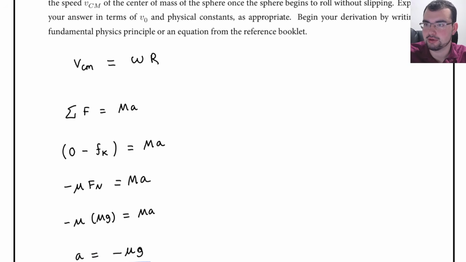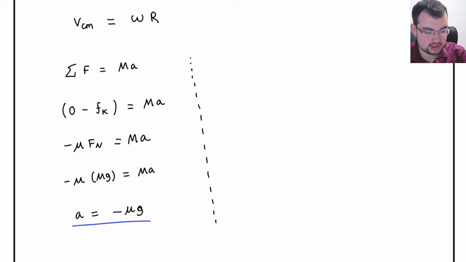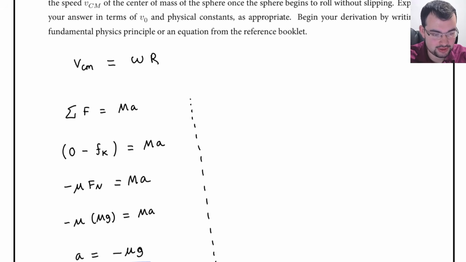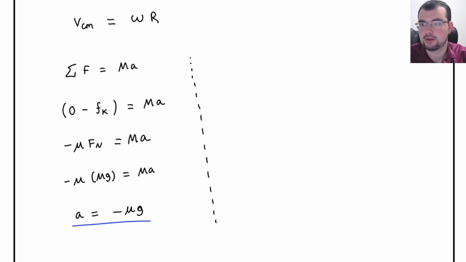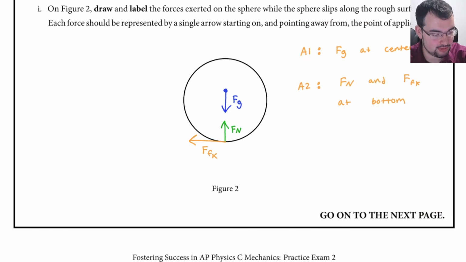That is going to be important for us later, because we can't just know the acceleration linearly, we also need to know the acceleration rotationally. So now we could also use the relationship that the sum of the torques is equal to I times alpha. Now, what is causing a torque? Well, we get to pick our pivot, and it makes sense to pick our pivot point to be the center, because that's where it's easiest to measure this rotation.